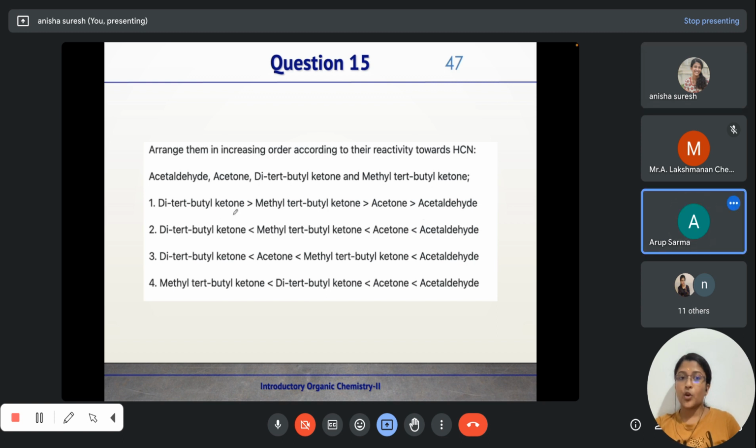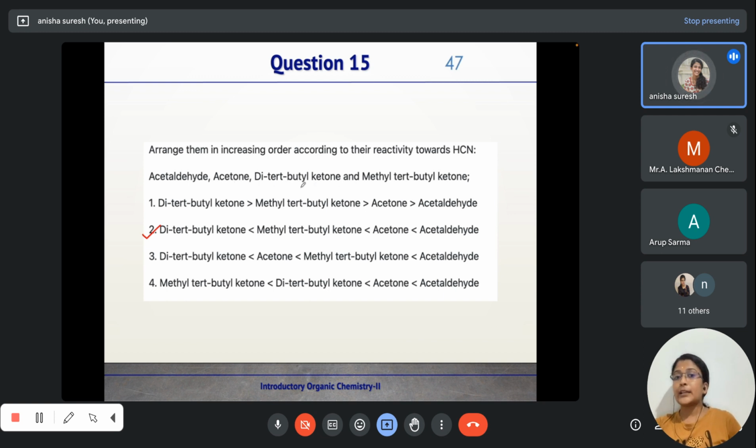Option 2 will be the correct answer. In case of acetaldehyde, the aldehyde functional group is there and only one CH3 will be there. CH3 will be an electron releasing group, so CH3 can reduce the electrophilicity at this carbonyl center. In case of acetone, two CH3s are there.